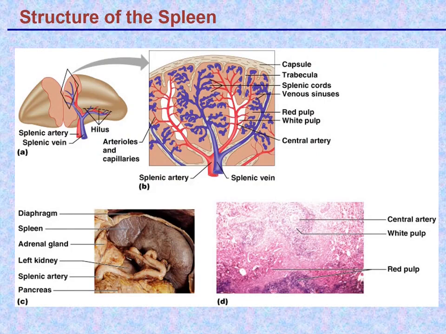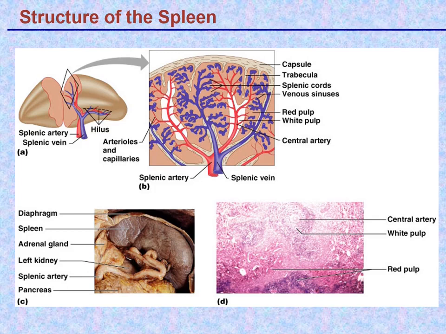Okay, this is a description of the structure of the spleen. What you have in the spleen is a blood supply. There are splenic arteries and there are splenic veins. One major splenic artery feeding blood in and a major draining splenic vein. They divide up into smaller blood vessels.